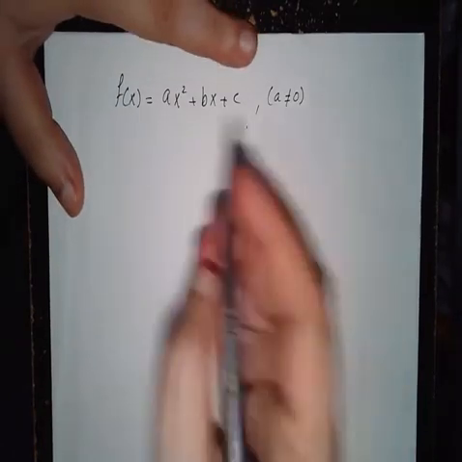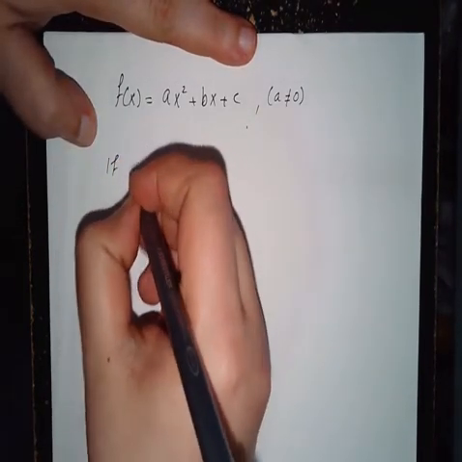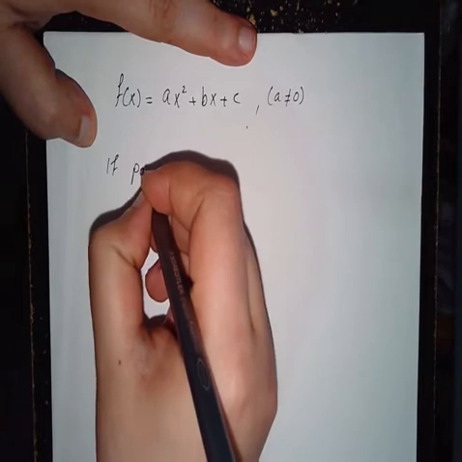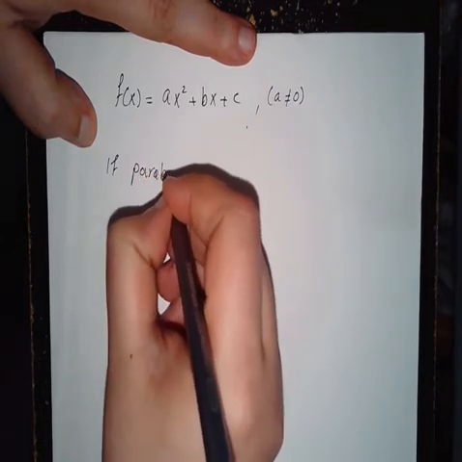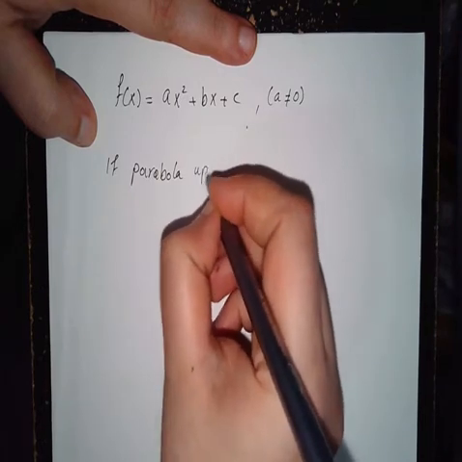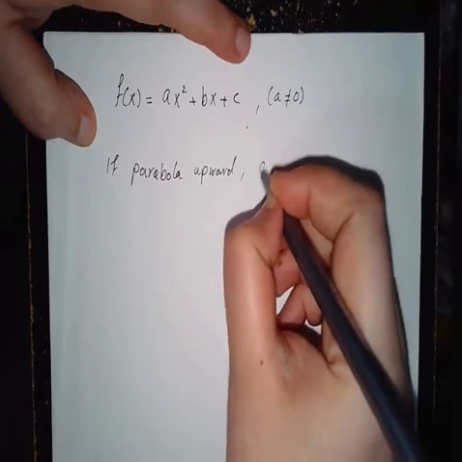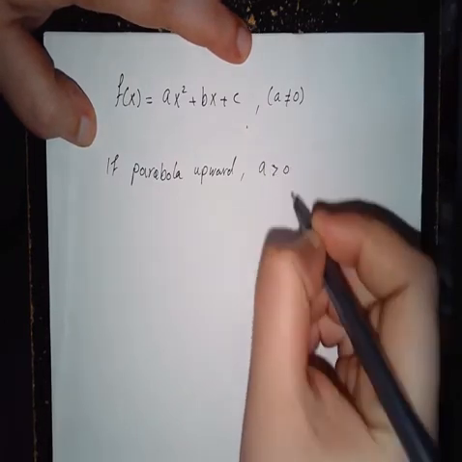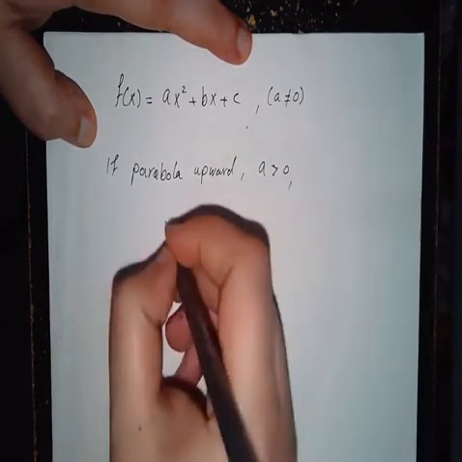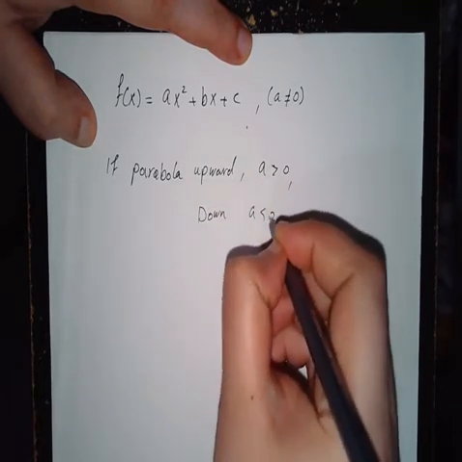Now, if I give you a parabola that opens upward, basically I am telling you that a is bigger than 0. And if it's downward, I'm telling you that a is less than 0.